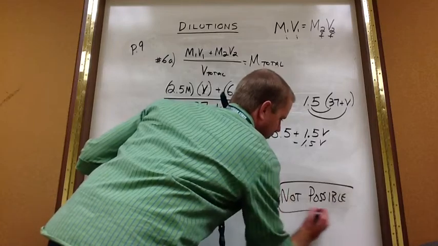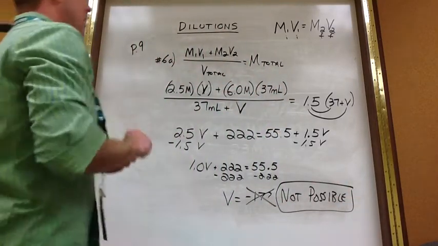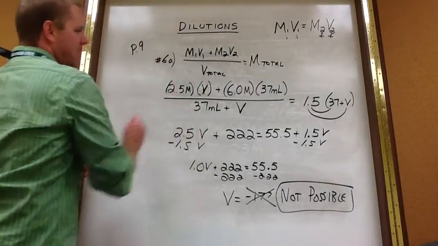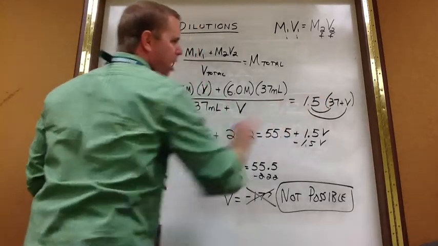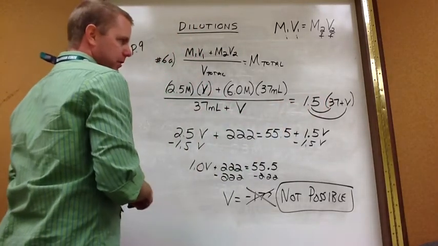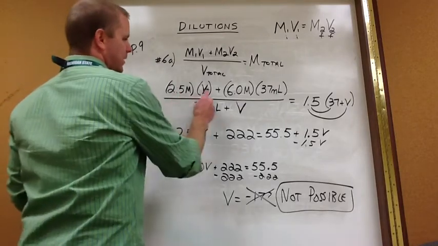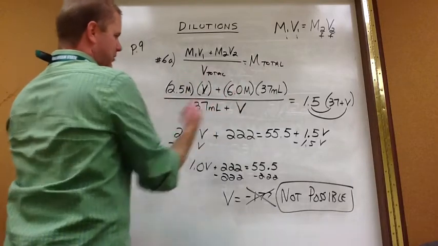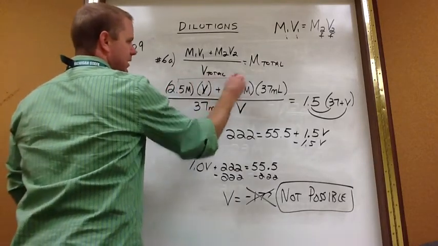Now, you might find yourself looking at it being like, wait a minute, that's funky. But here's the thing. This is asking you to take 2.5 molar something and 6.0 molar something and get something smaller, 1.5 molar. Well, that doesn't make any sense at all, because if you were to mix something that's 2.5 and something that's 6, if you just took the average of them, your average should fall somewhere between 2.5 and 6.